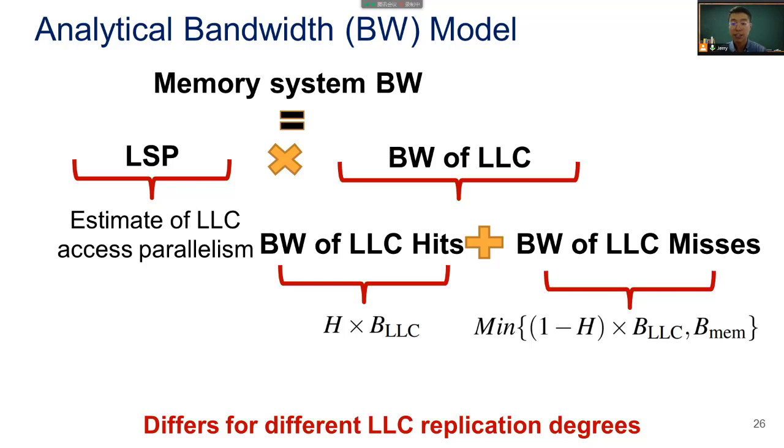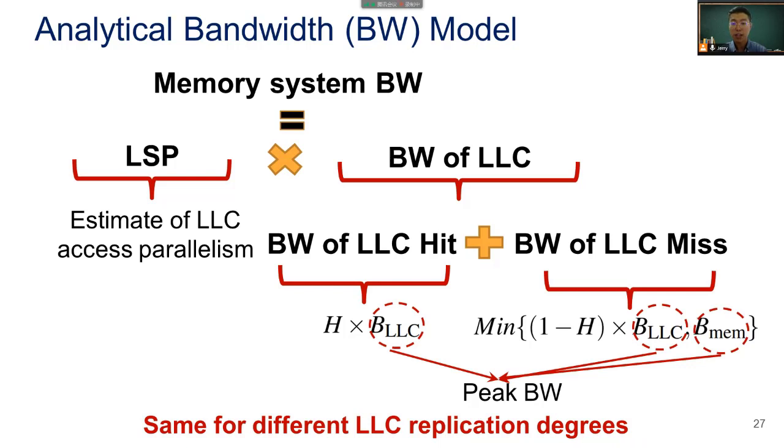In this case, LLC bandwidth is the LLC hit bandwidth plus the LLC miss bandwidth. On the other hand, if the LLC hit rate is low, the LLC misses saturate the memory bandwidth. In this case, LLC bandwidth is the LLC hit bandwidth plus the memory bandwidth.